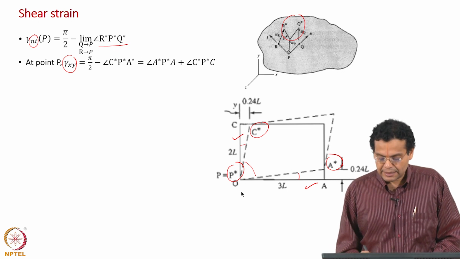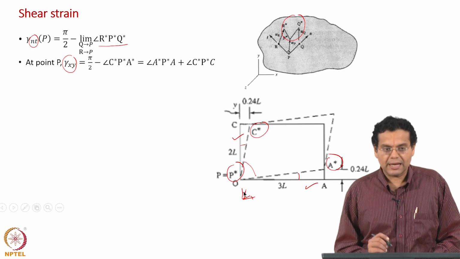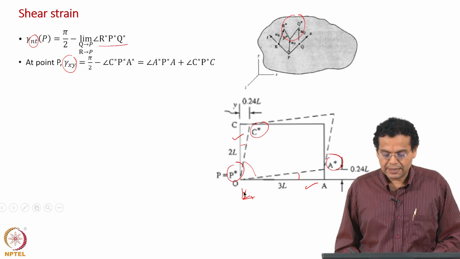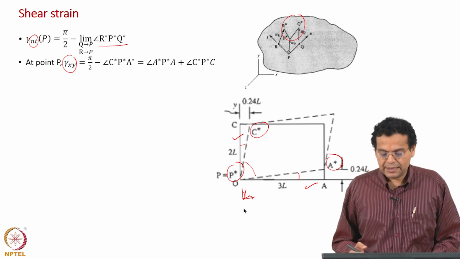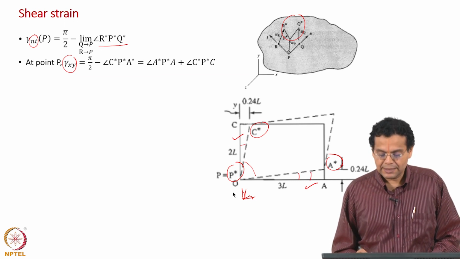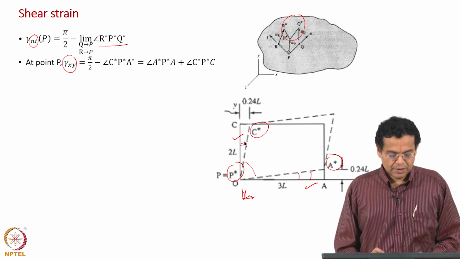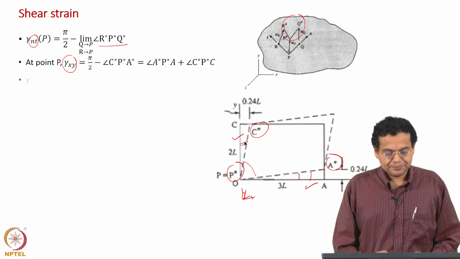Instead of 90 minus this angle, we will represent that as the sum of these two small angles, and that is what is written here. The difference in the angle is equal to the sum of A star P star A, that is this angle, plus C star P star C, that is this angle, which are very small values.